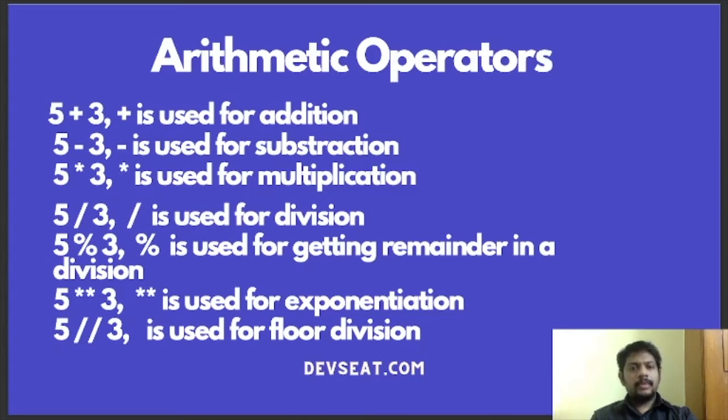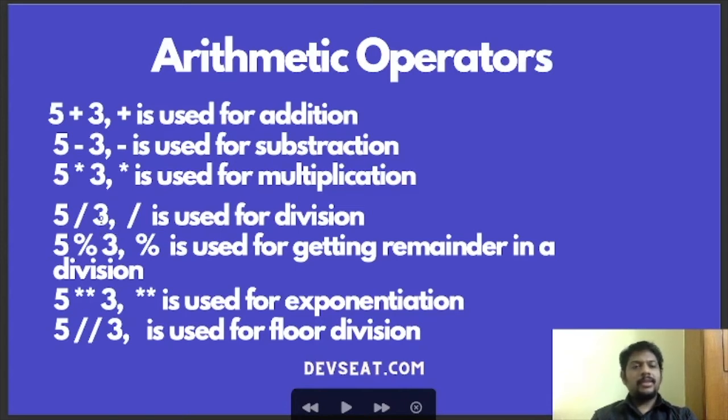Consider a value like 1.6. For 1.6 the floor value will be 1 and the ceiling value will be 2. Similarly for 2.5, the floor value will be 2 and the ceiling value will be 3. Now when I perform this division, 5 divided by 3, it will be something like 1.66.